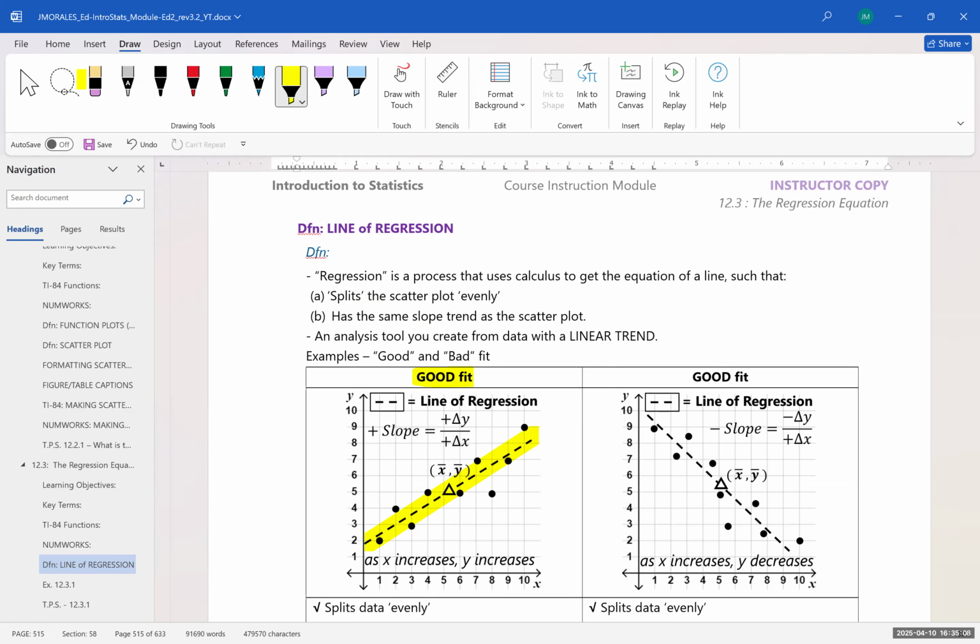And what you can see is that as x increases, so as x gets bigger, y increases, y gets bigger.